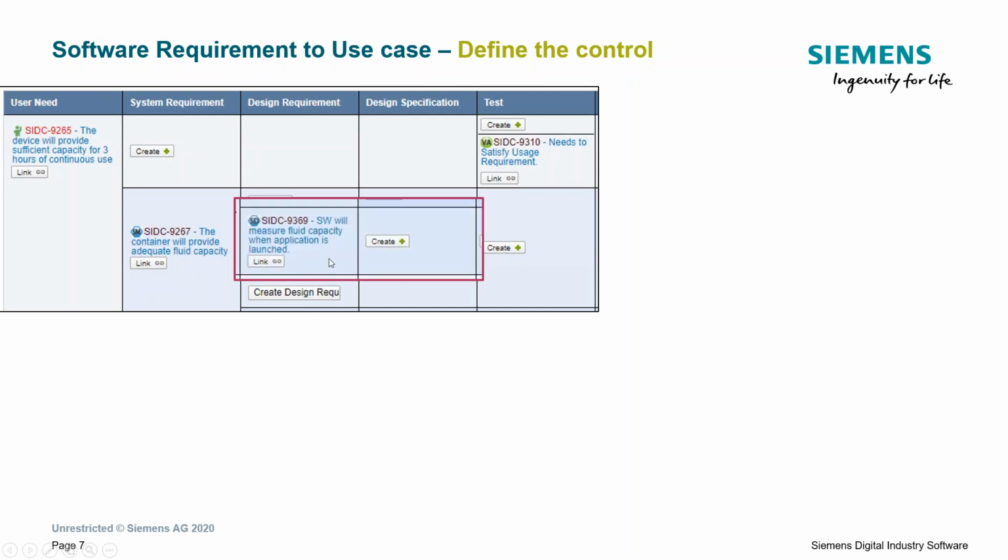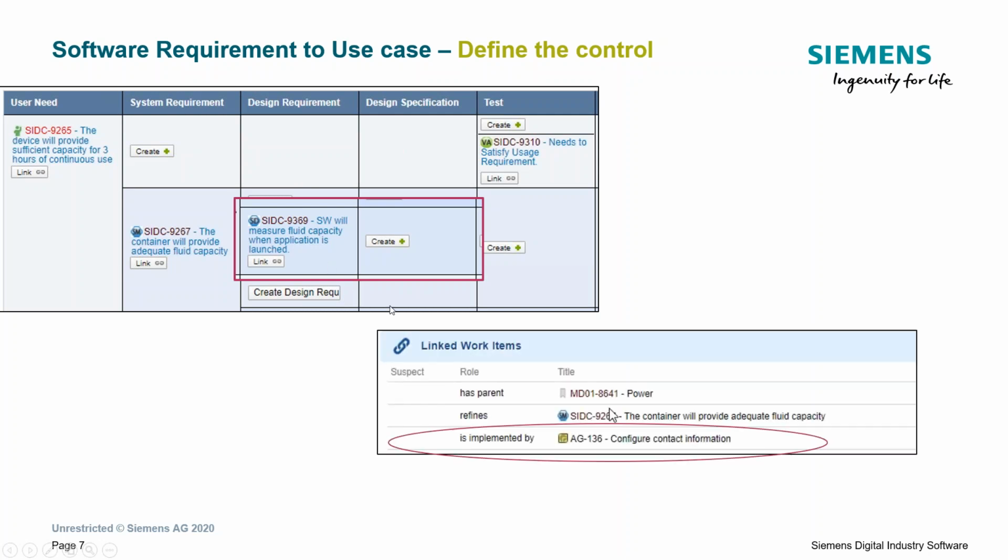Once that software requirement is created, we can then associate or link it to a use case in an agile development project. And so what would happen then is that use case would get executed through the agile development process, and that use case is a satisfaction to the design requirement that we've defined in the V model.